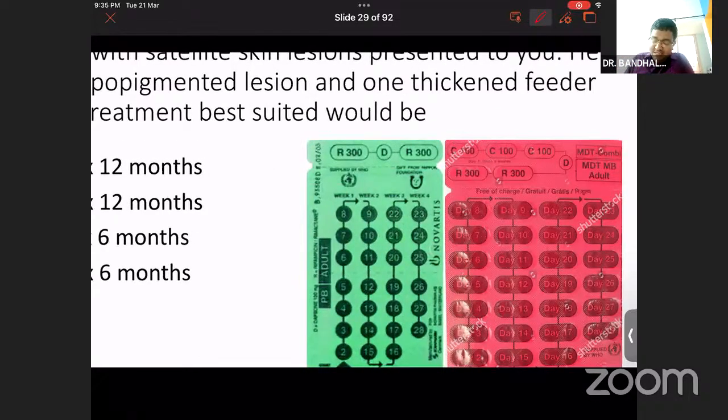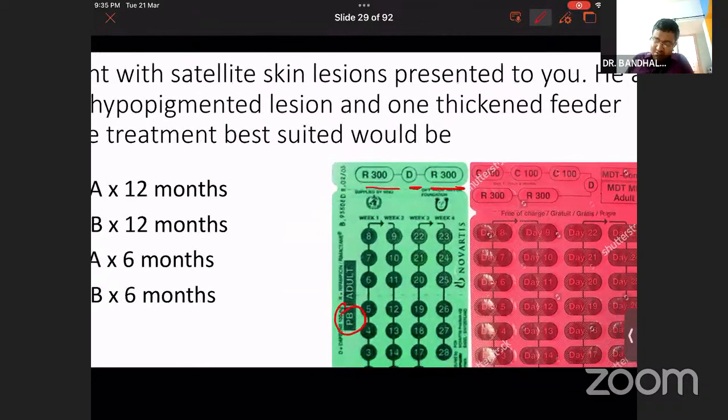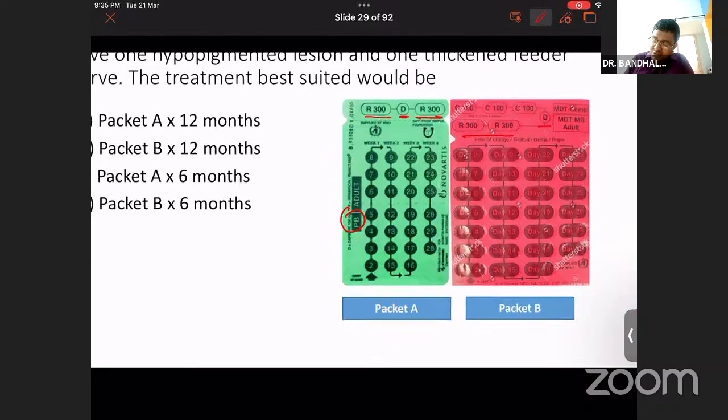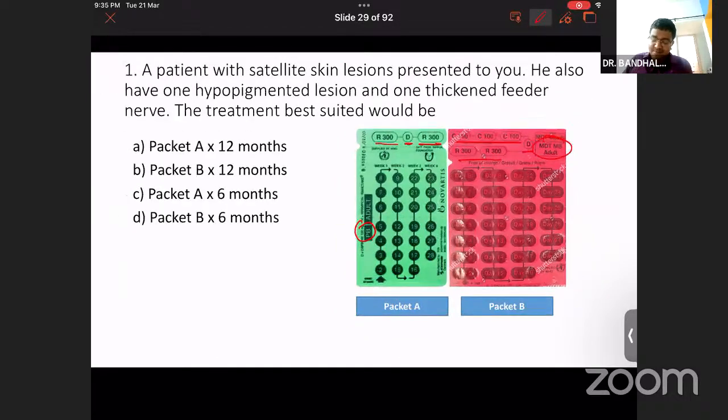Here itself it is mentioned: 2 rifampicin and 1 dapsone. So it is a two-drug regimen, the paucibacillary regimen, given in the image itself. In the other, there are rifampicin, dapsone, and clofazimine, and the pack itself mentions it is a multi-drug, multibacillary regimen. The options given are packet A for 12 months, packet B for 12 months, packet A for 6 months, packet B for 6 months. For answering this question, we should know when to give paucibacillary and when to give multibacillary drugs.